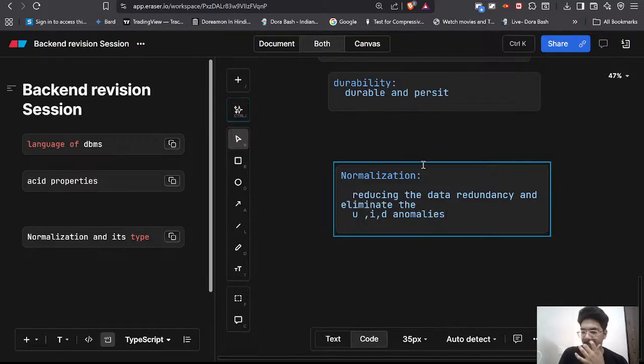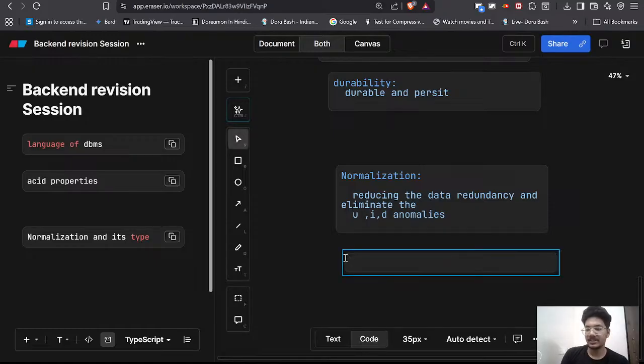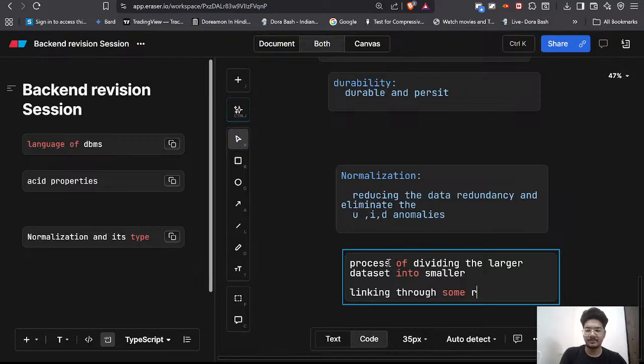In another way, we can also say that it is a process of dividing a larger data set into smaller ones. So: reducing data redundancy, eliminating the update, insertion, and deletion anomalies, and dividing the larger data set into smaller data sets and linking them through some relation.